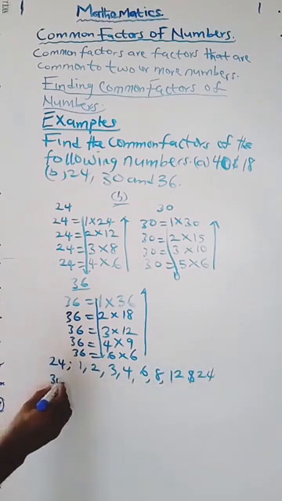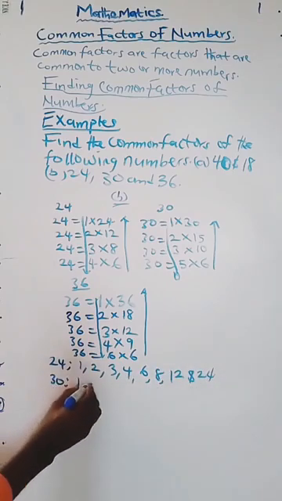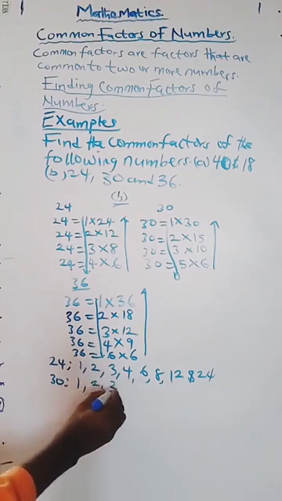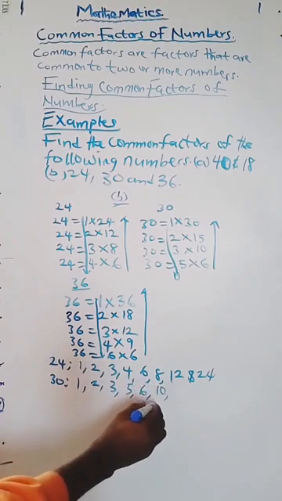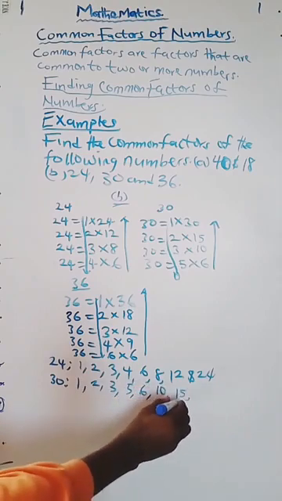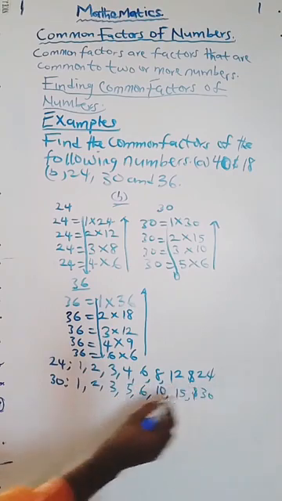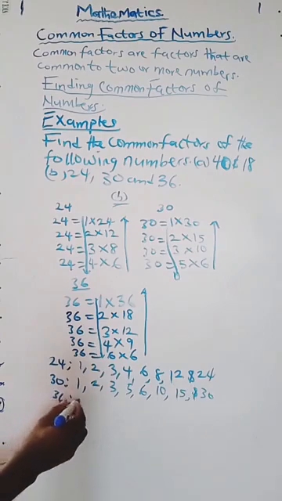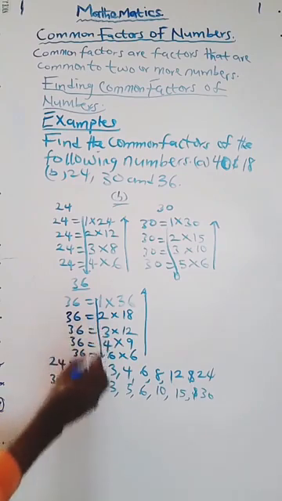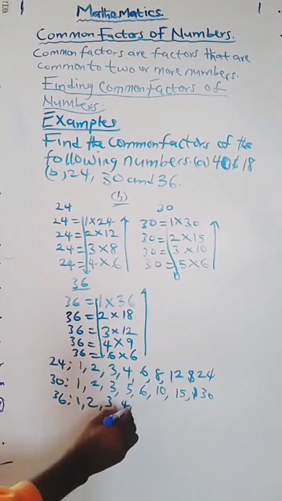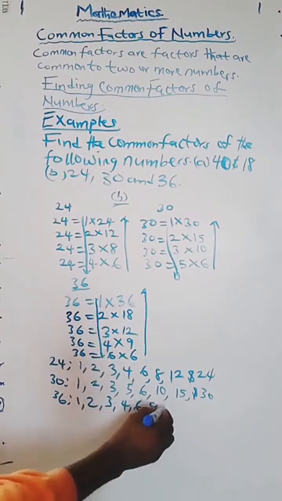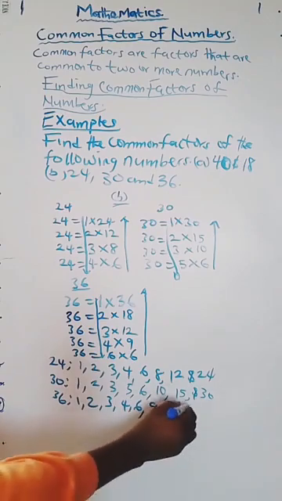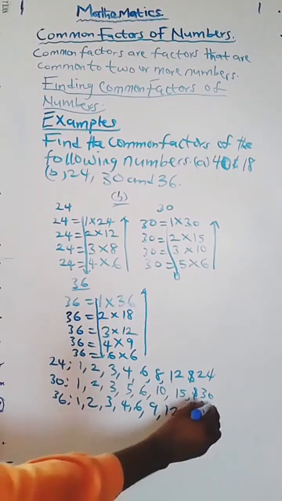Factors of 30 are 1, 2, 3, 5, 6, 10, 15, and 30 itself. Factors of 36 are 1, 2, 3, 4, 6, 9, 12, 18, and 36 itself.